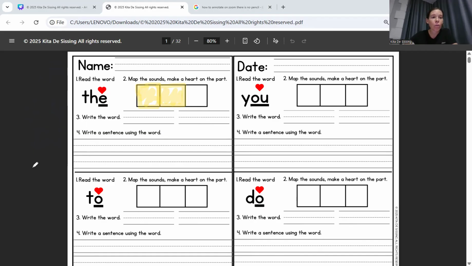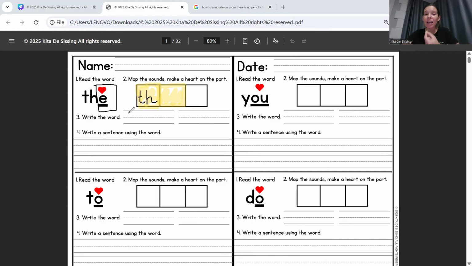Alrighty. We are going to spell the sounds of the. The first sound is a voiced sound. Put your finger on your throat. Yeah. And we spell it with a T and an H. Easy? So easy. Now we've got the second part of the word. And we can already see that there's a heart on this part.